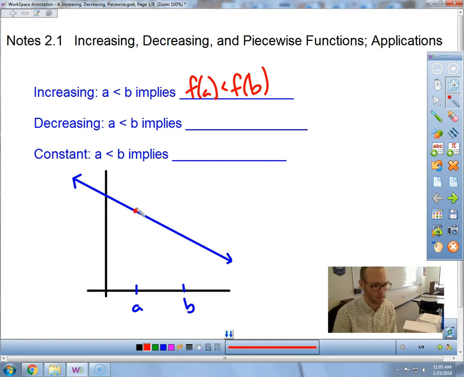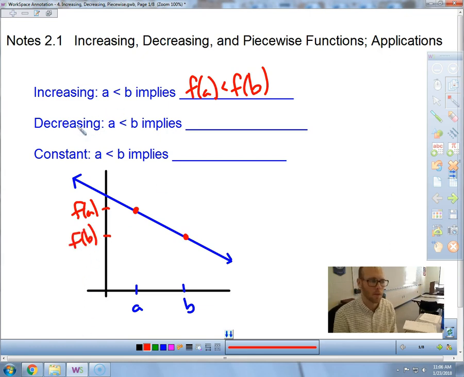Well, what's the y value right there? That has a y value of f of a. Right here, at x equals b, that has a y value of f of b. So if the function is decreasing when a is less than b, how do we compare f of a and f of b now? F of a is greater than f of b. Good.